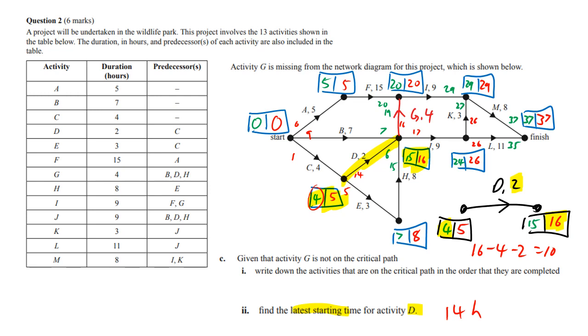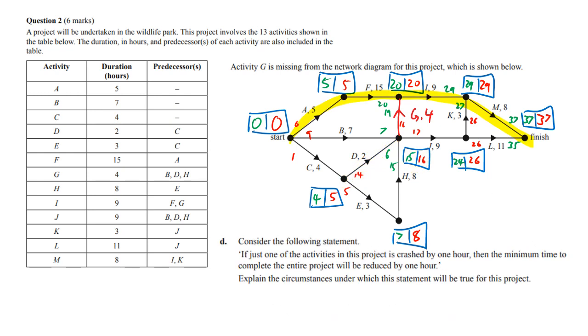So that's just to remind you of the other way to do the float. But the trick with this question might be to assume that it was the 5, but that 5 is for E. D has that little red 14. So if you do my technique, you know what the little red one is, just the LST for D.